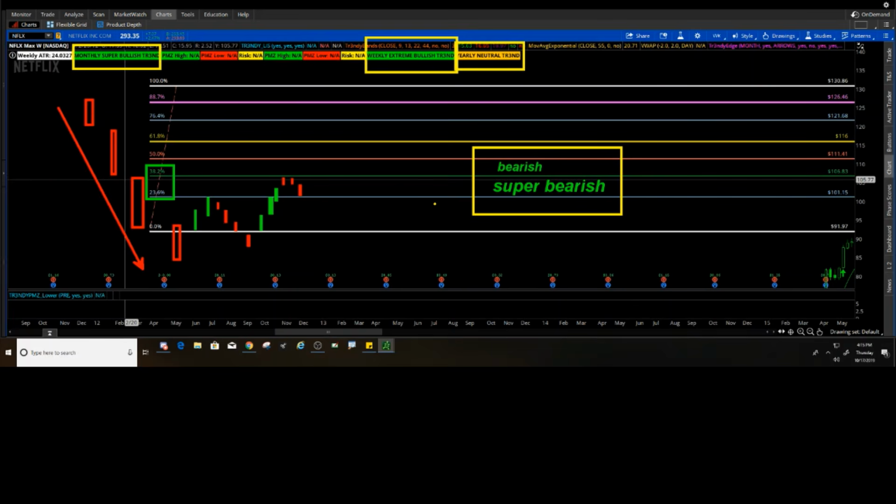I don't need to put the Fibonacci's on there. I just simply come over here and I can know that on a monthly basis right now, Netflix is actually super bullish. On a weekly, extreme bullish. And the yearly, it's just neutral.